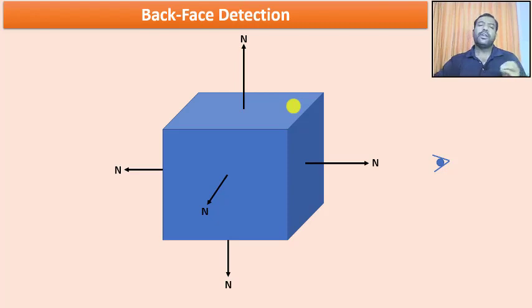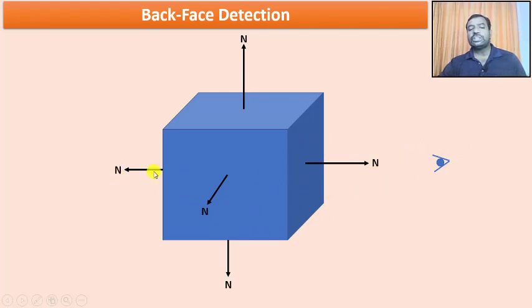So when you talk about any object, every surface of the object has its normal vector. And the view or the center of projection, wherever it is, is going to decide which surface will be visible and which will not.